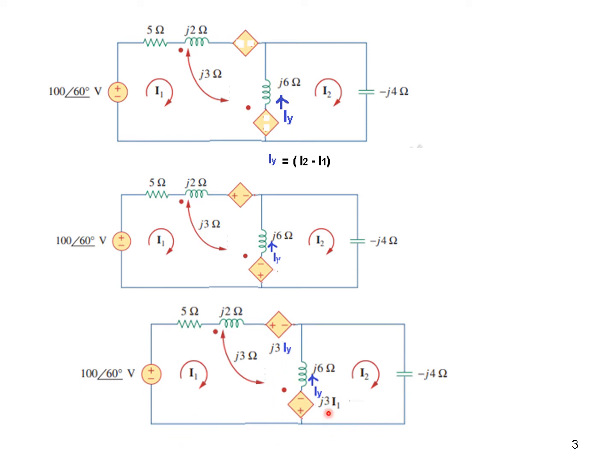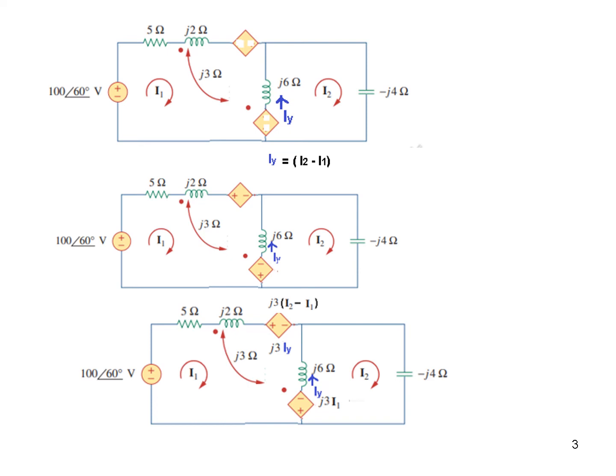Now we know that IY is I2 minus I1. Therefore, we can write it as j3 (I2 minus I1). So this is the marking of the voltages.